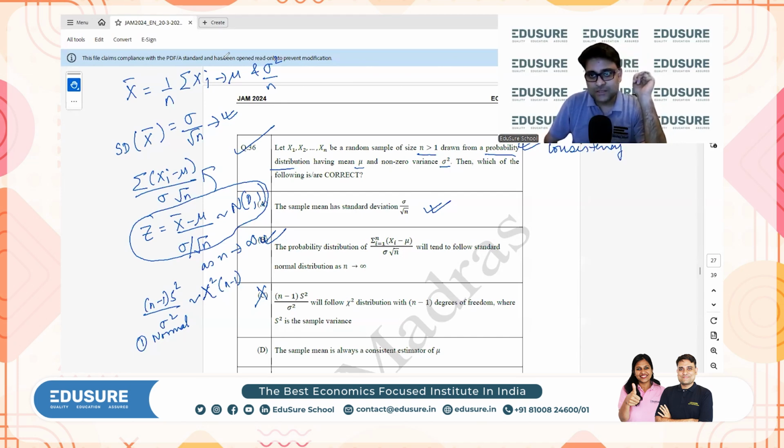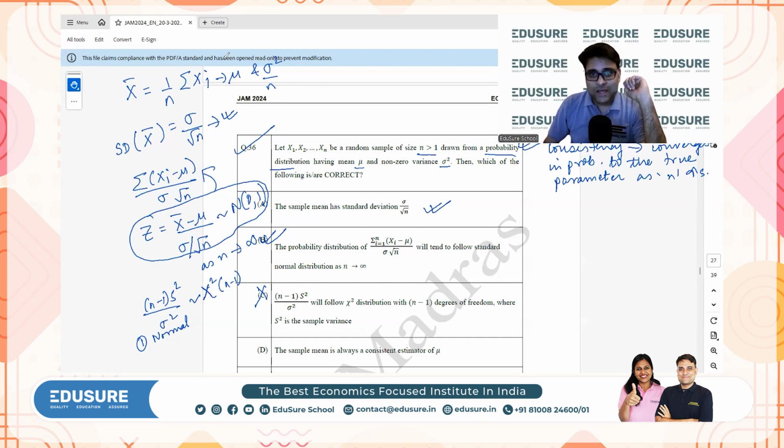An estimate is said to be consistent if it converges in probability to the true parameter as n, which is the sample size, increases.